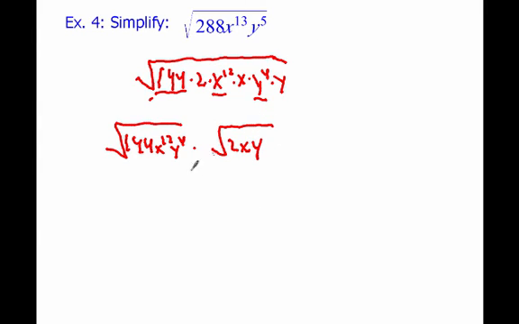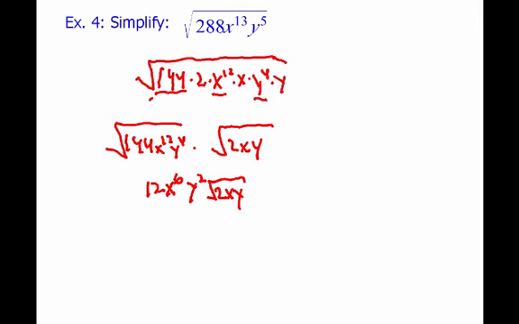And now I'm just going to simplify this radical over here. The square root of 144 is 12. X to the 12th, the square root of that, 12 divided by 2 is 6, so that's x to the 6th. Y to the 4th, 4 divided by 2 is 2, so that's y squared. This can't be simplified, so square root of 2x, y.